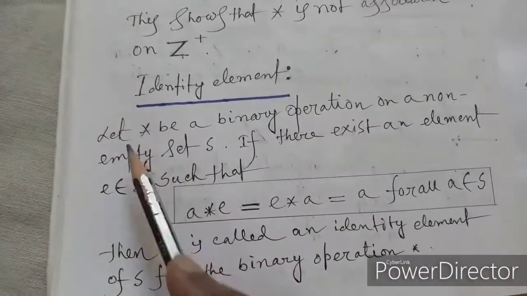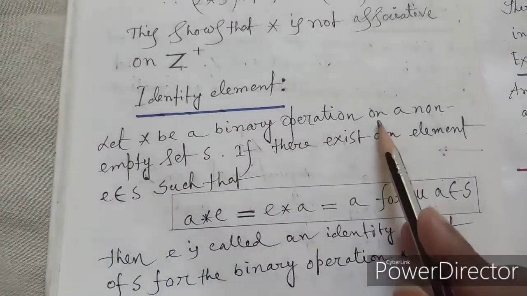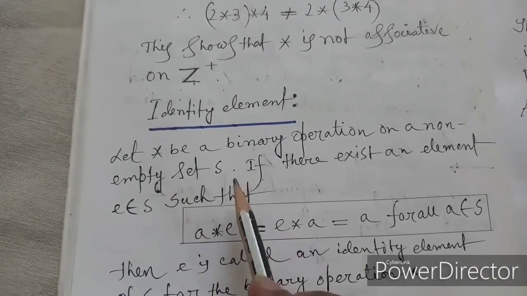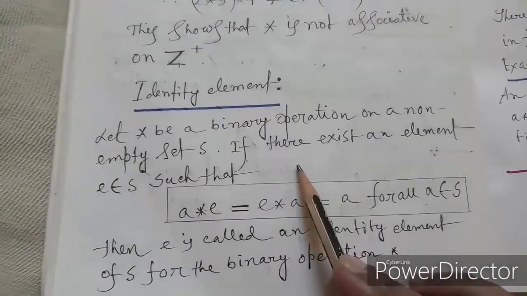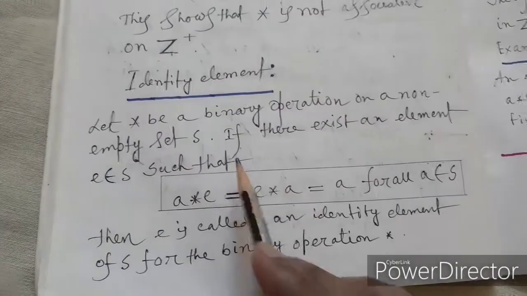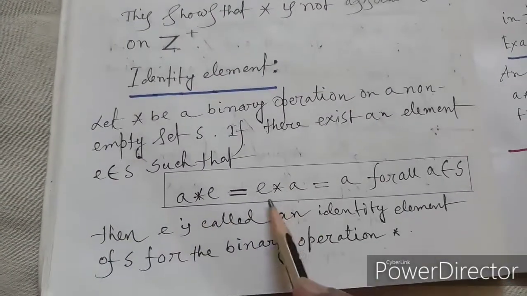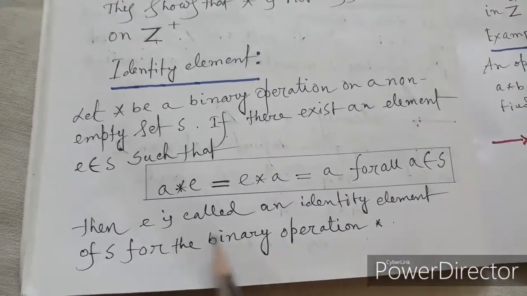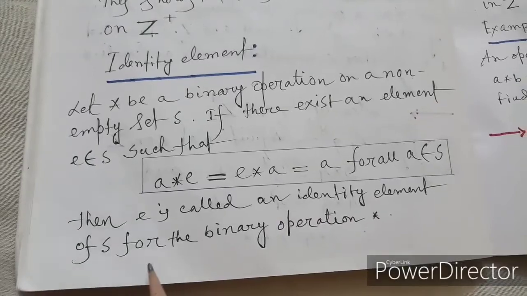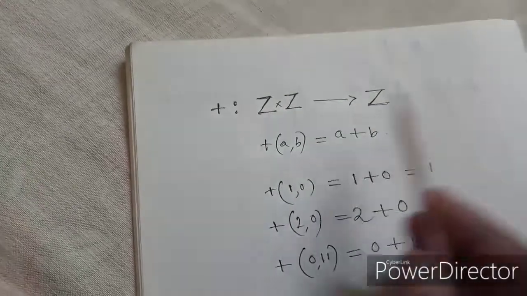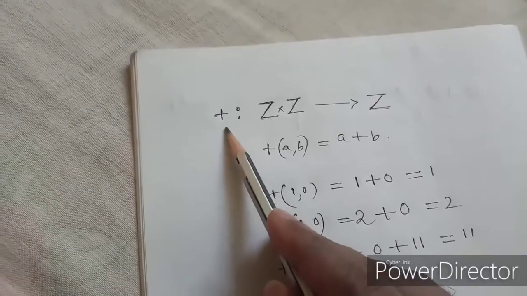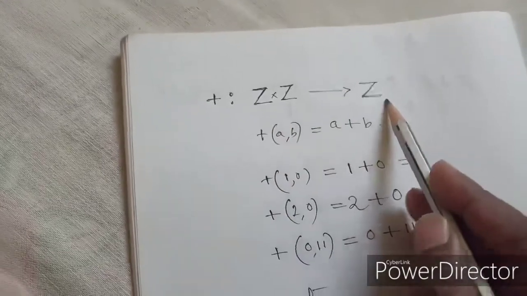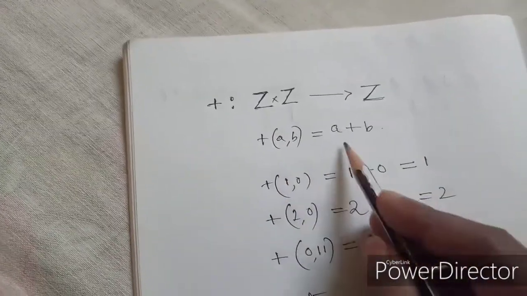Now the definition says that let star be a binary operation on a non-empty set S. That means obviously star is a mapping from S cross S to S. If there exists an element e belonging to S such that a star e equals e star a equals a for all a belonging to S, then e is called an identity element of S for the binary operation star.